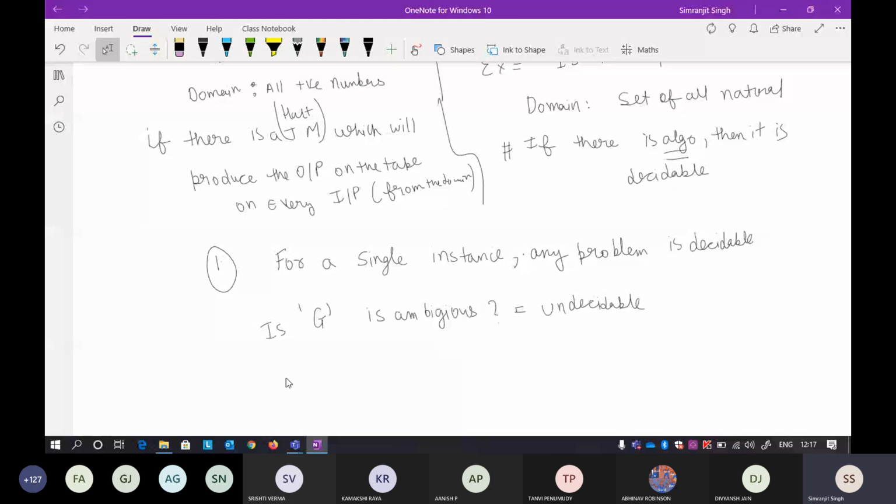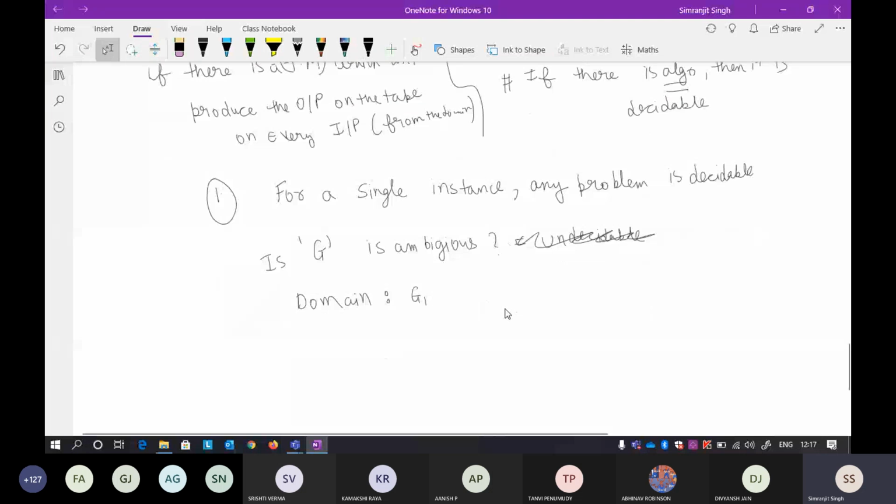But if I reduce the domain, say to a particular grammar G1, then I can say this is decidable. But if I increase the domain to all the context-free grammars, then the domain becomes large, and again this is a classic undecidable problem.